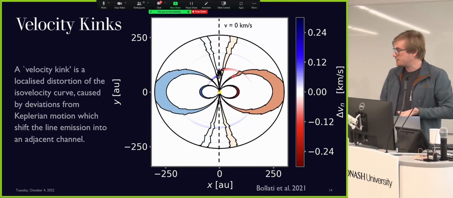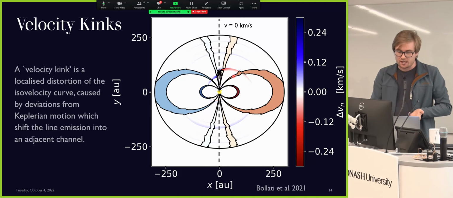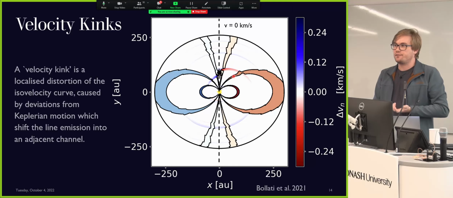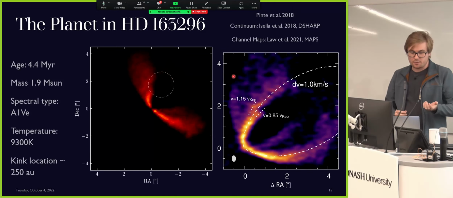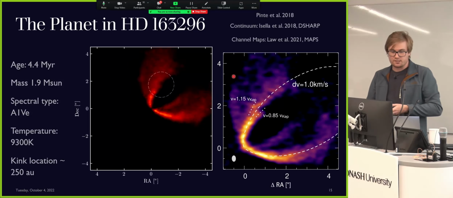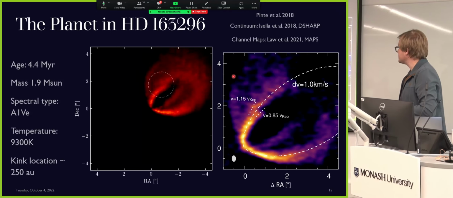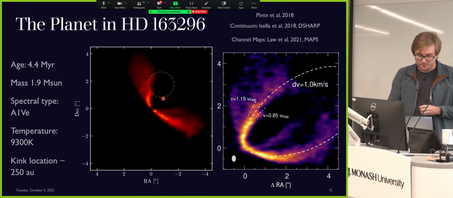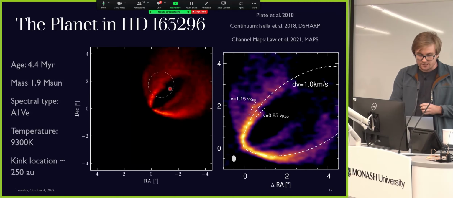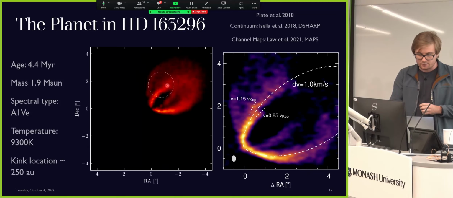So planets make these kinks, and we actually have a few examples of disks where we have found these kinks. The first example that was published is this disk known as HD 163296, and you can see in this circled area here, there's a localized kink right in this area just here.